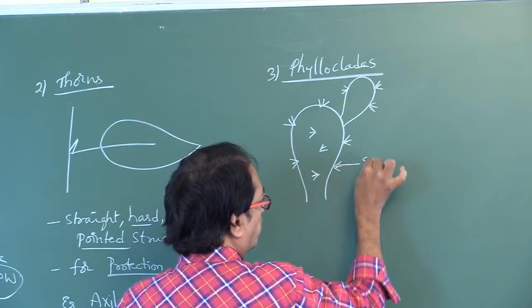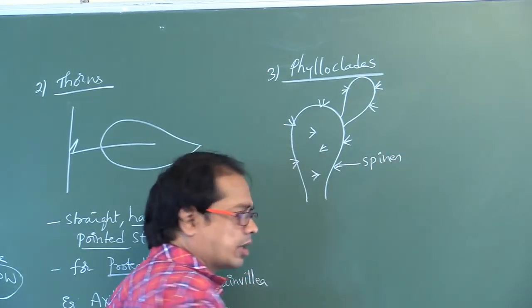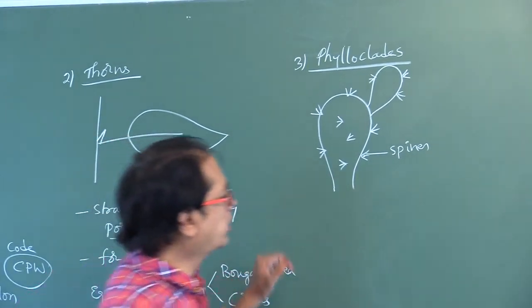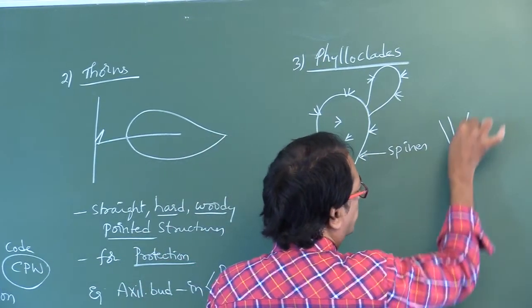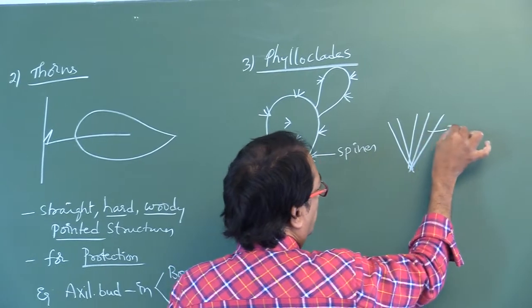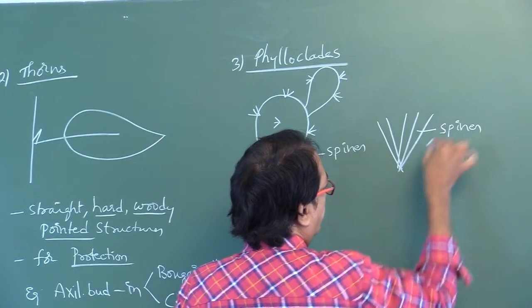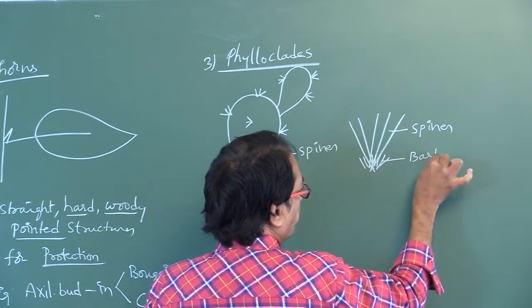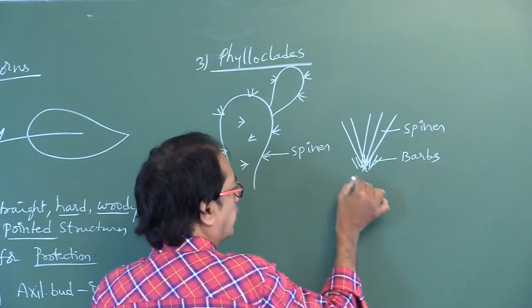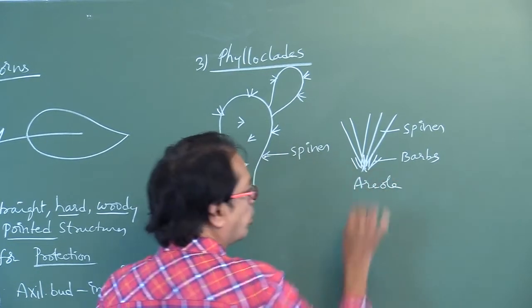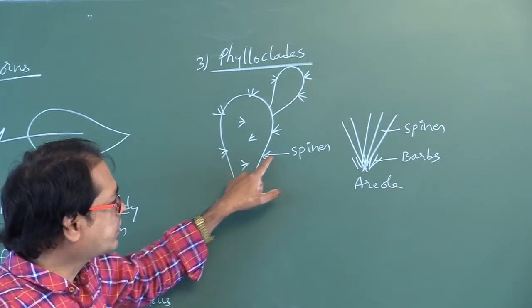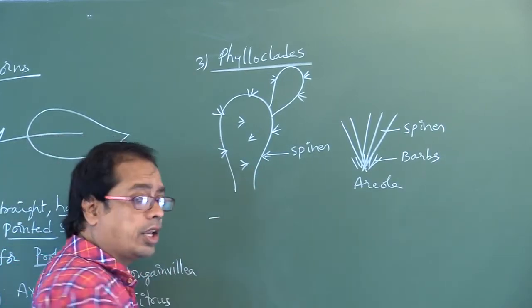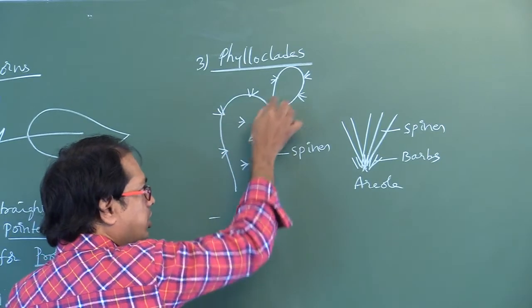A group of spines and barbs, if you observe clearly, these are spines, and small hair-like structures are present. These are barbs, and together they are called an areole. Wherever the leaves arise, this is the so-called node. Many nodes and internodes are present.